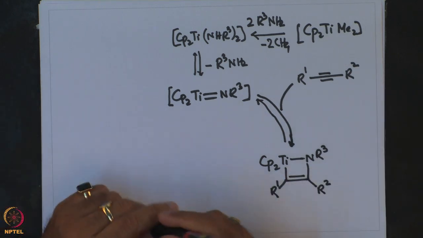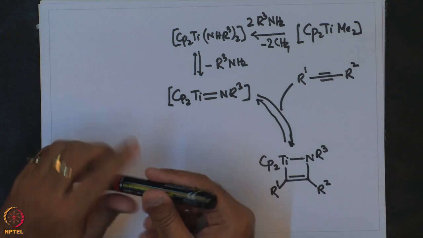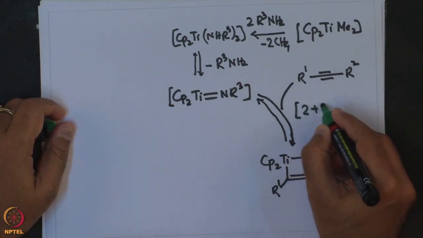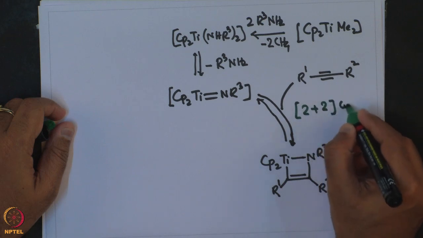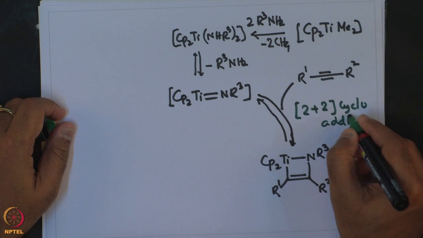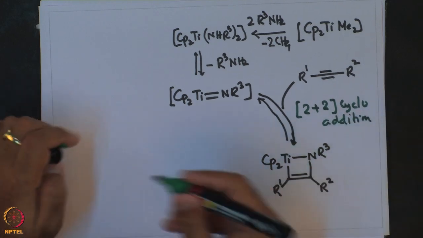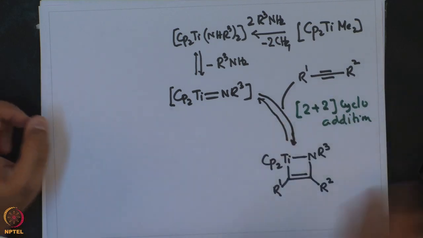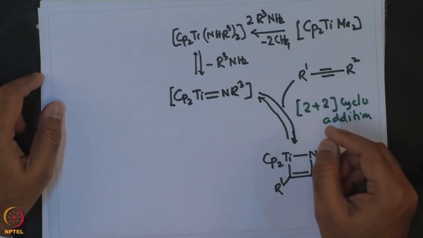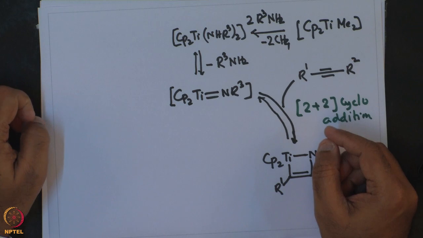So, this addition happens in a 2+2 cycloaddition fashion to give this cyclic 4-membered metallocyclobutane kind of species.